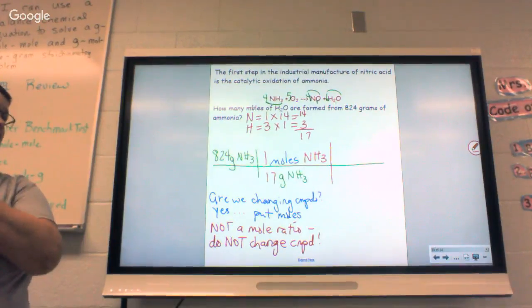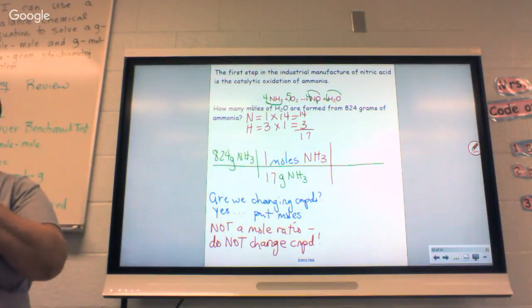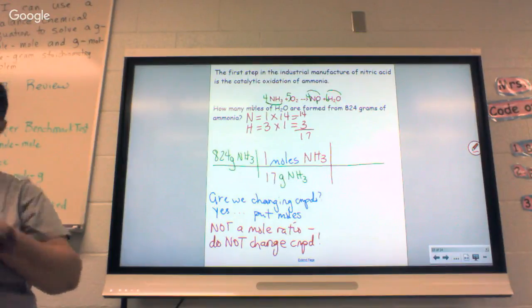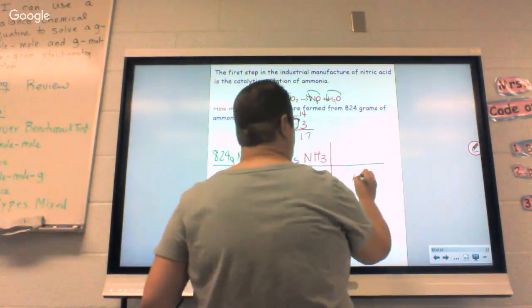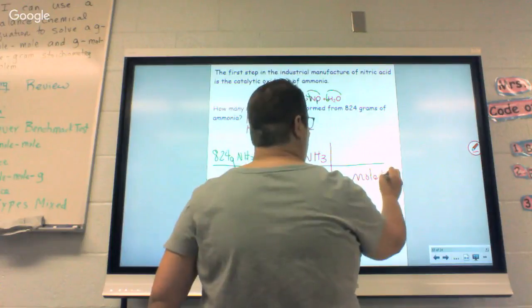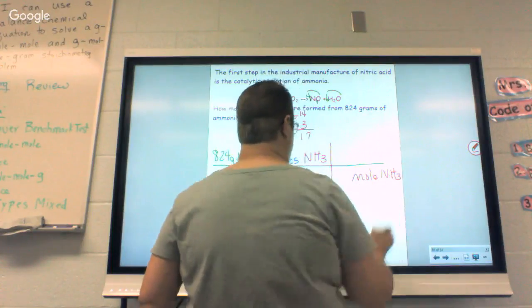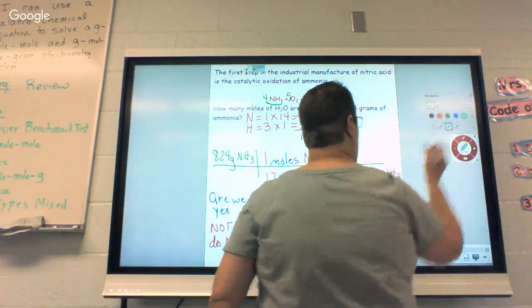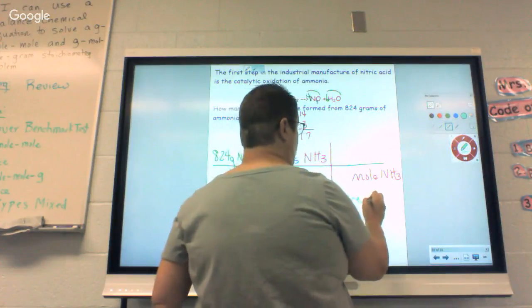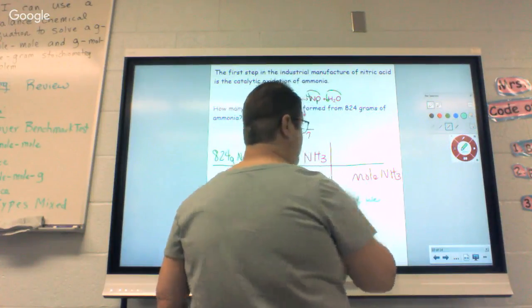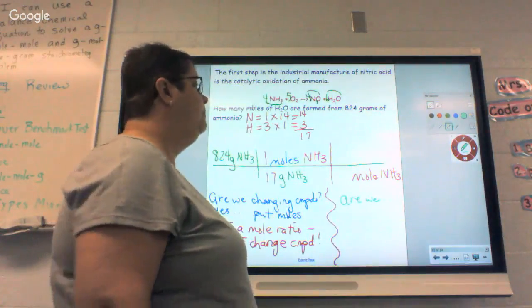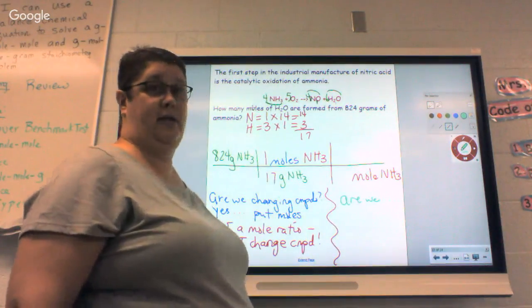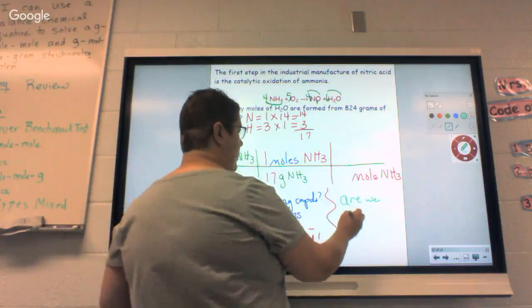All right, so next section. What goes on the bottom? Moles of NH3, because it's got to cancel out, right? So you start your questions all over again. Are we changing compound? Yes, because we haven't done it. Okay?